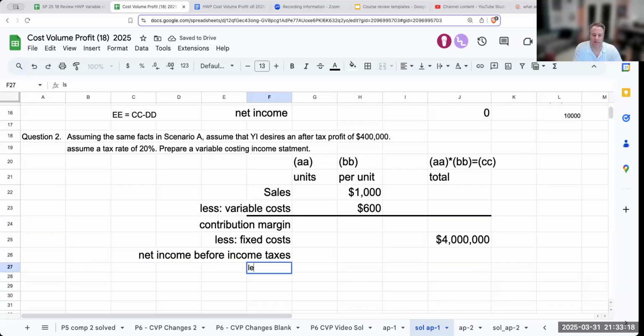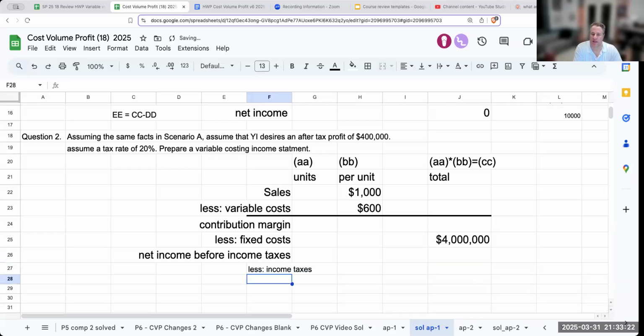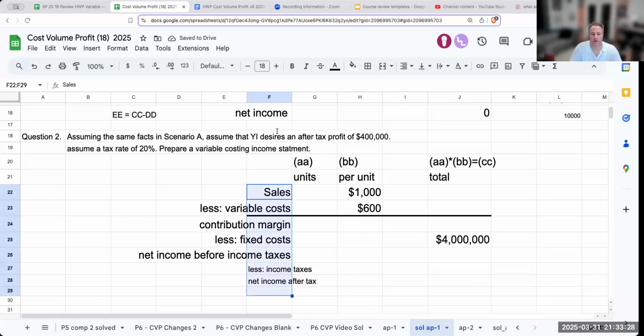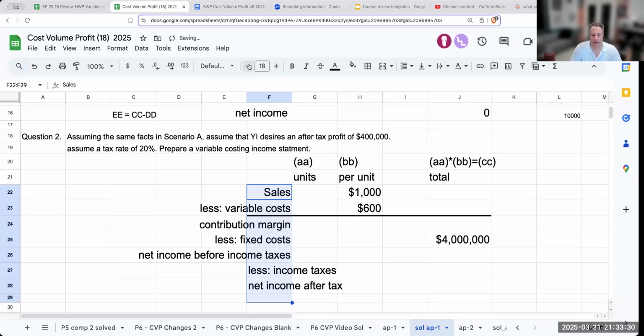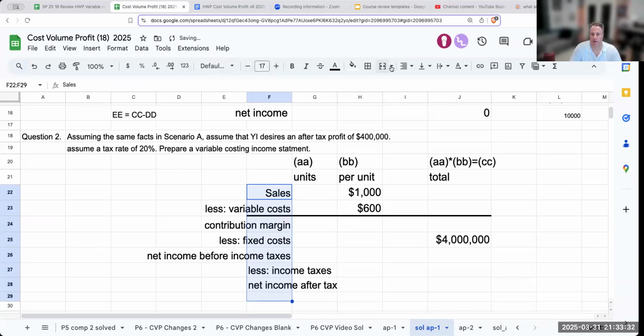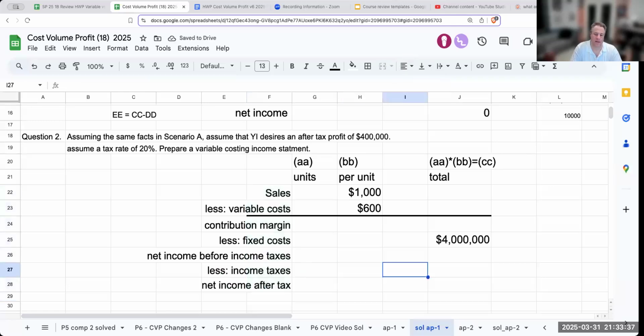Then I'm going to have less income taxes, which gives me my net income after tax. Again, this is something that has perplexed many of my students for a very long period of time. I promise that if you follow this formatting, it's going to make a lot more sense.